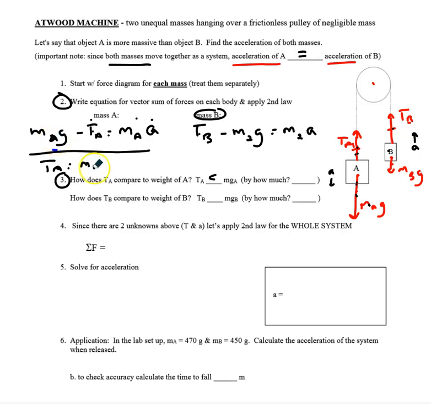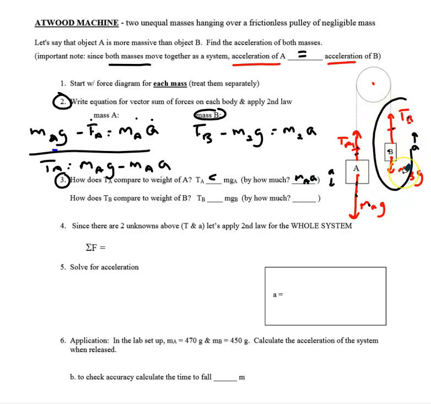Sorry. MAG. Let me fix that. All right. MAG minus MAA. Oh, this pen doesn't like this. Okay, so we can see that TA equals the weight of A minus MAA. That's just a handy little thing. And then I can do the same thing over here.